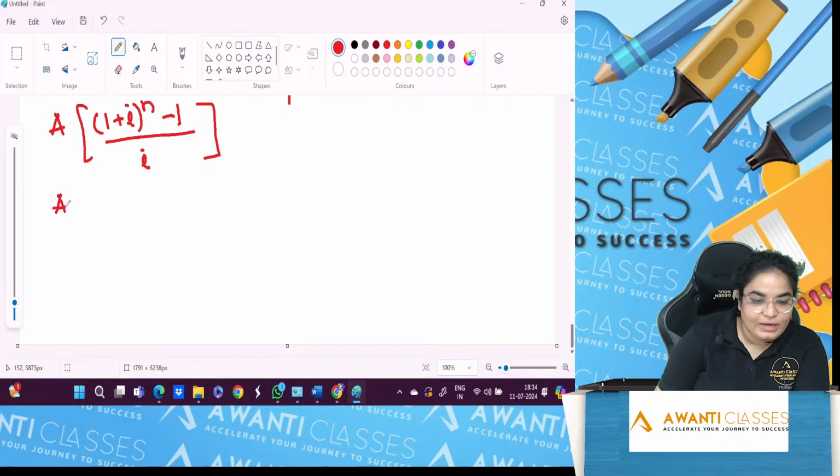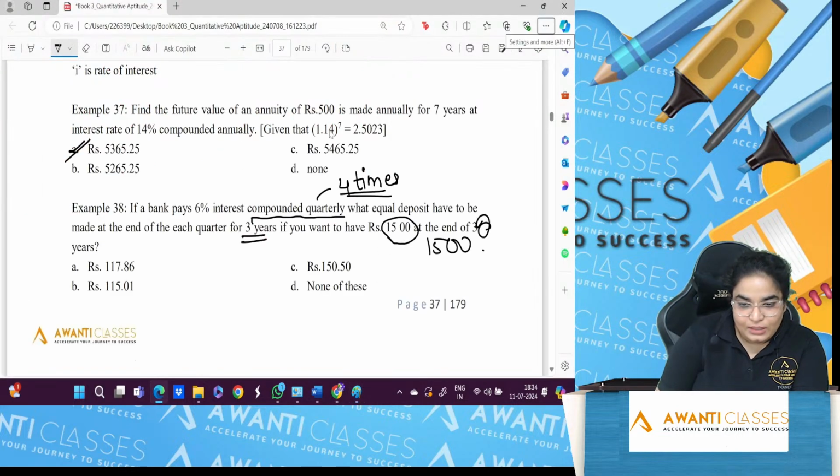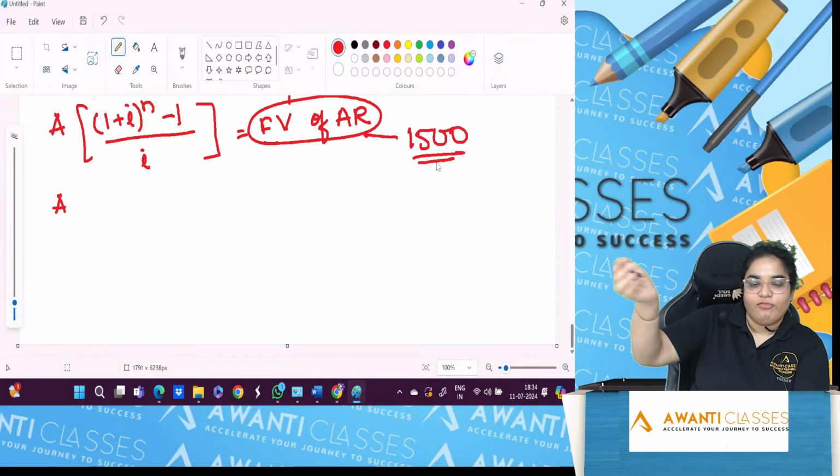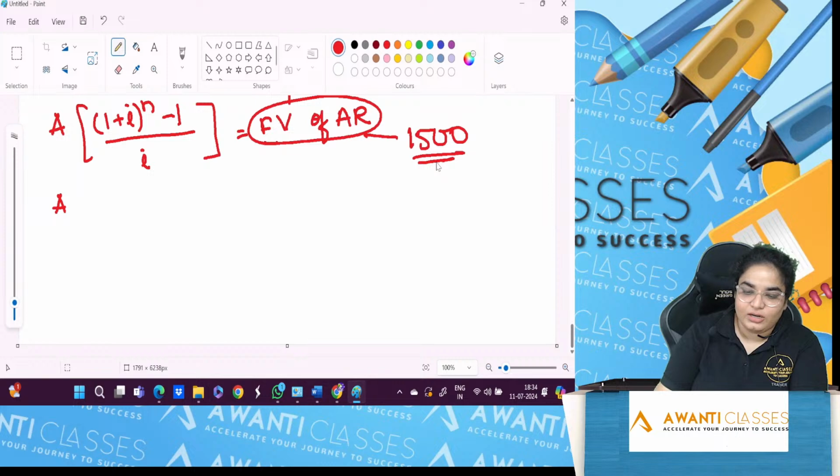A we need to find out. Is equal to what? Future value of annuity regular. Now, what are they saying? They are saying they want at the end of it 1500. So FV of AR is 1500 future value. After 3 years, they are getting 1500 rupees. That is the future value. So A we don't know.